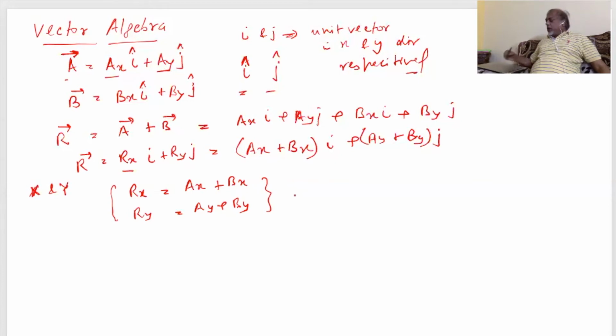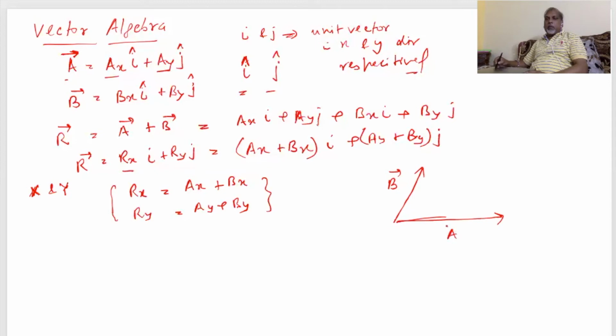Now one more thing here is, in NCERT one question is there. This is the B vector and this is the A vector. We can make a parallelogram like this.